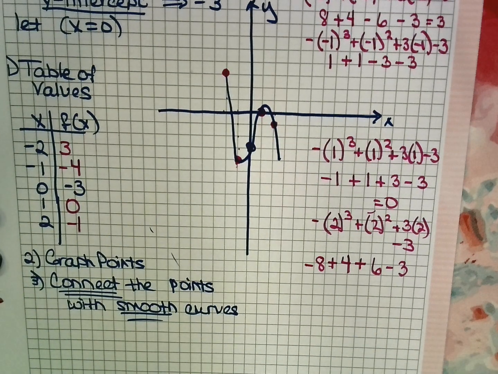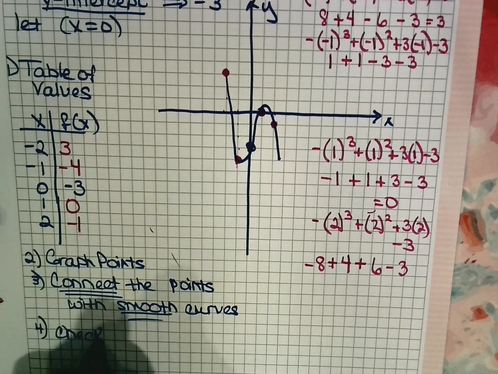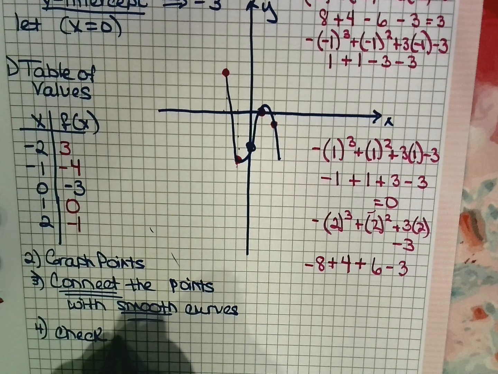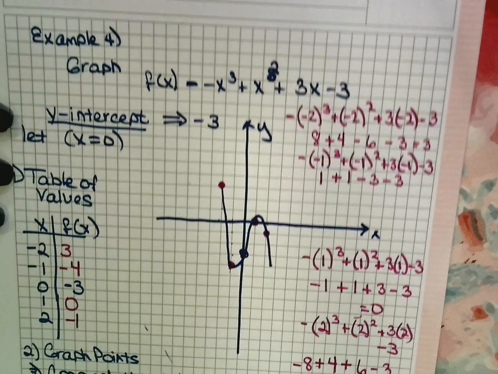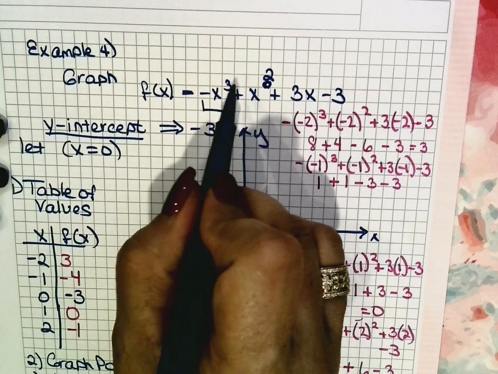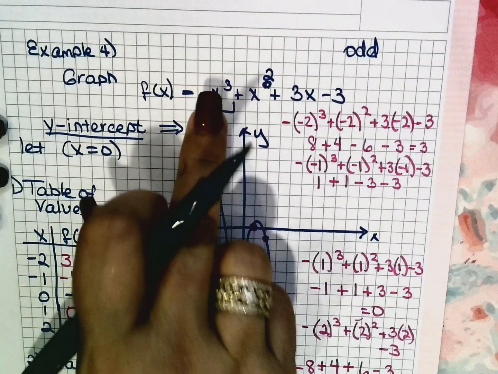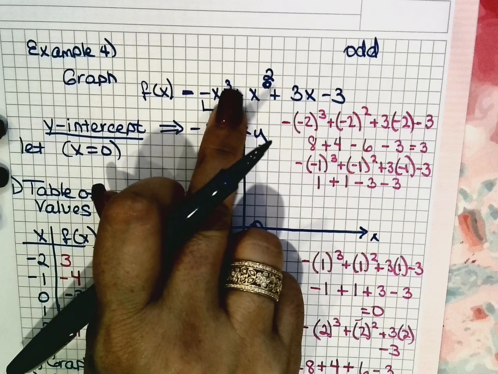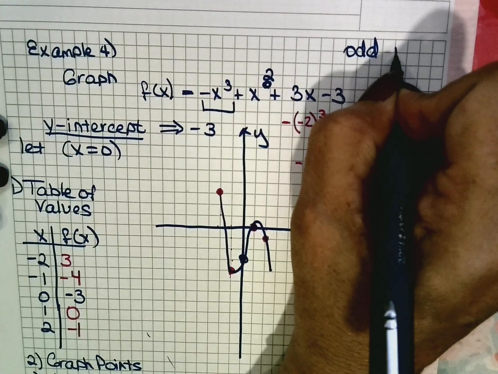And the last thing we need to do is check our end behavior. Make sure it's what we would think it would be. Now remember, we know how to predict end behavior. If we look at the first term, in this case, this is an odd degree. It's a third degree polynomial, so it is odd and negative.